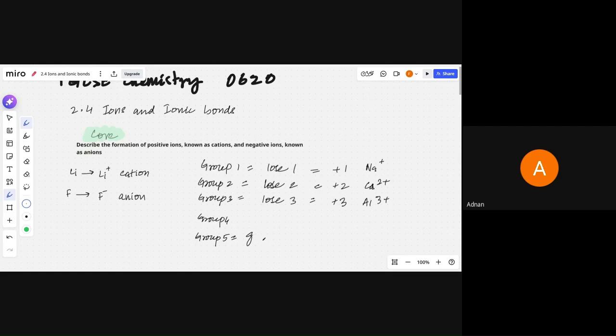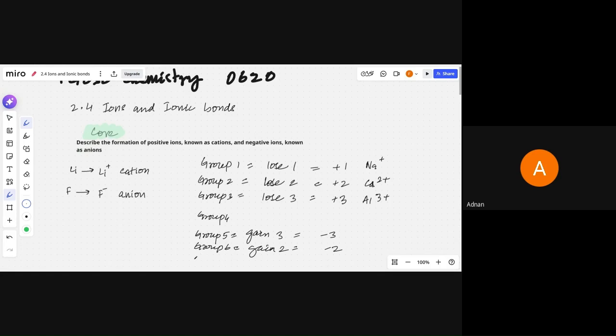Group 5 elements gain 3 and have a charge of 3-. Group 6 gain 2 and have a charge of 2-. And group 7 gain 1 and have a charge of -1.